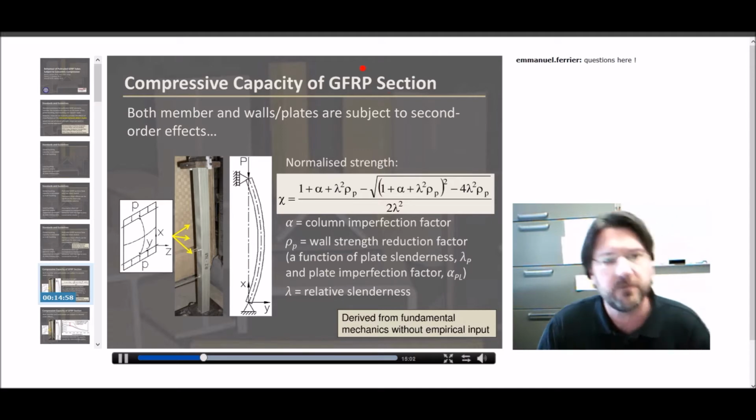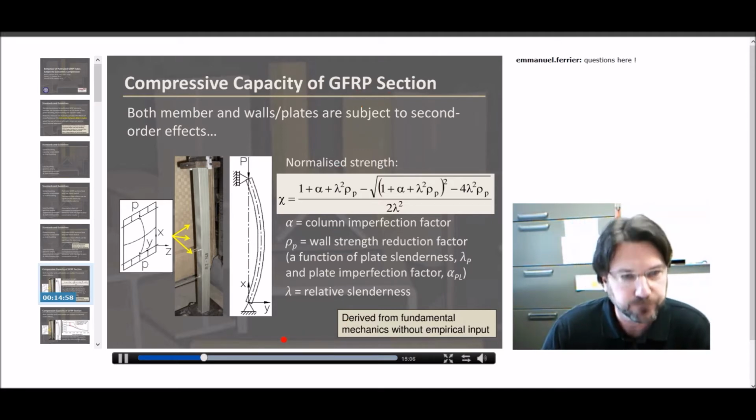So if we take a look at the compressive capacity of a pultruded section, we need to consider the second order effects of both the member itself, so the global buckling, and we've got an image here of a GFRP tube under concentric compression, and if you take a look, you can see that it definitely is buckling in a global sense.